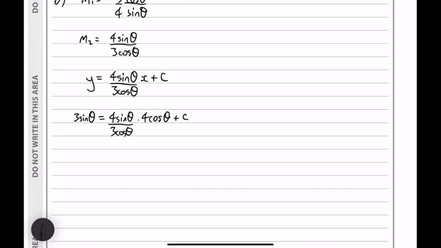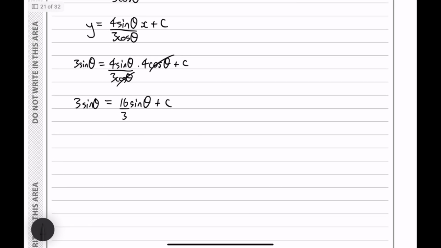A bit easier this time because the cos thetas will go, and we'll get 3 sine theta here, and 16 over 3 sine theta here. So we can combine those to give a c value of minus 7 sine theta over 3.